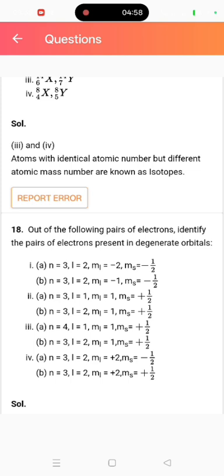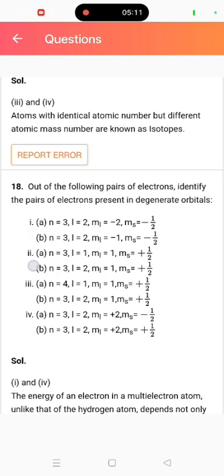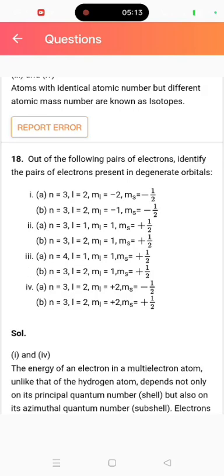Degenerate orbitals. Out of the following pairs of electrons, identify the pairs of electrons present in degenerate orbitals. N3, L2, M minus 2, MS minus 1 by 2. Option 1 or 2 or 3 or 4. See, answer 1 and 4 they have given.